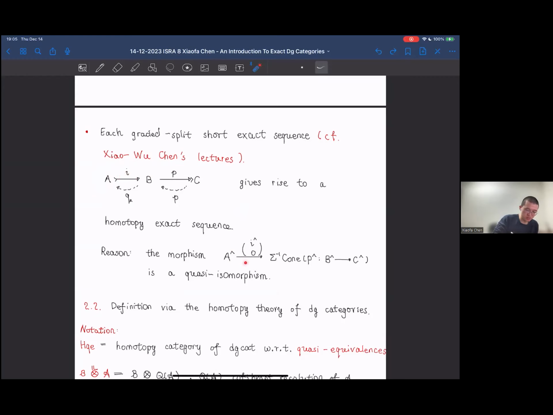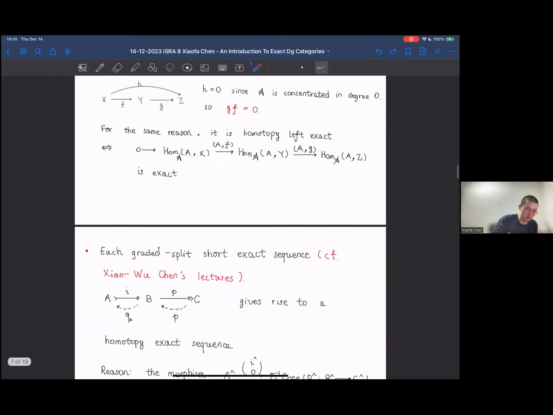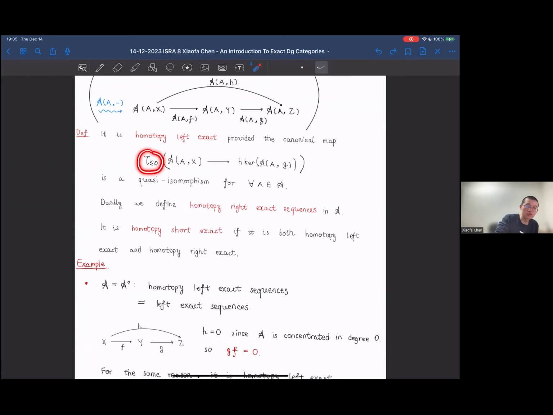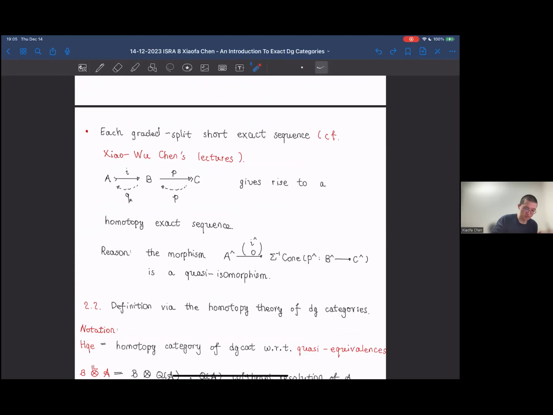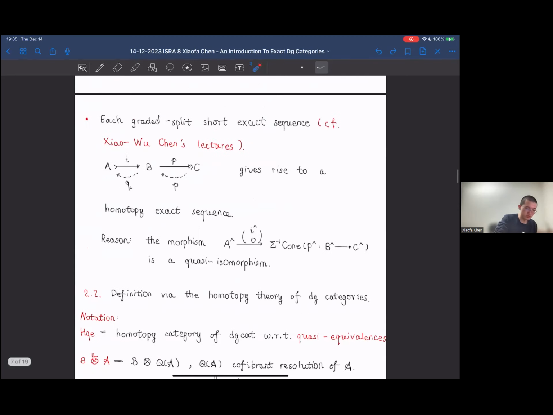And this is a quasi-isomorphism. So this is a stronger condition than this one. This one is just in the truncation part, but this is on the whole part. Okay, so this will give rise to a homotopy exact sequence: I, P, and 0 homotopy.